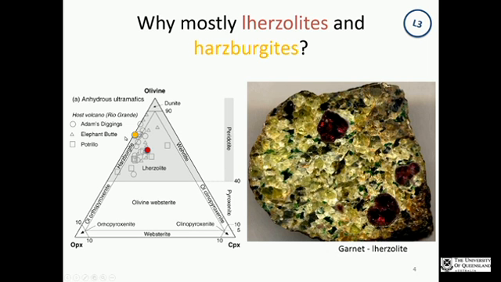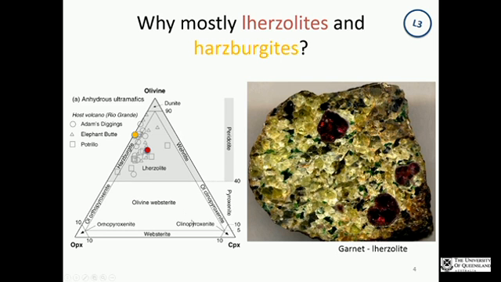What are harzburgites? What are they related to? What happens if we extract melt from a lherzolite? We're going to extract a basalt, which we will see in a minute.